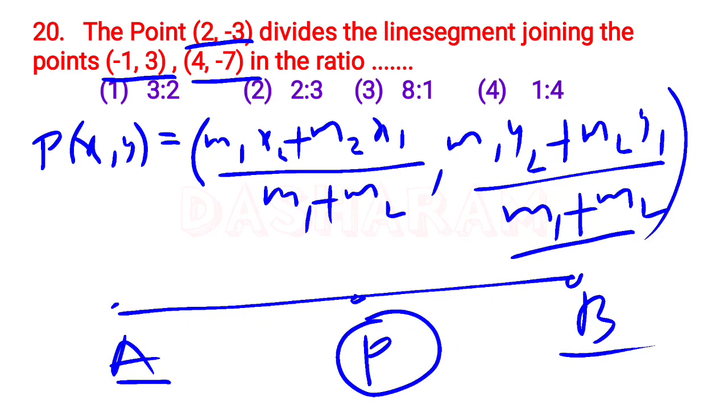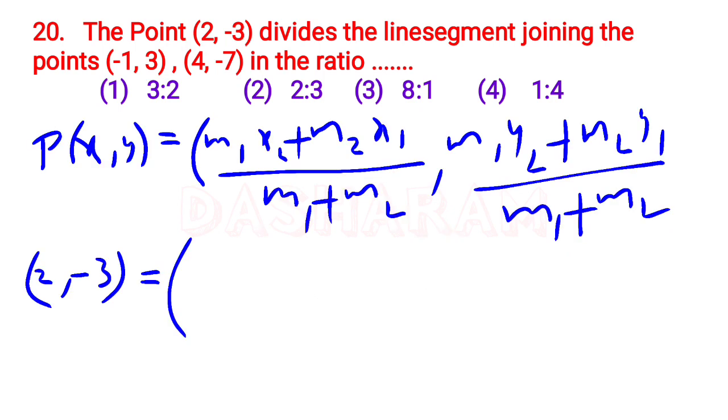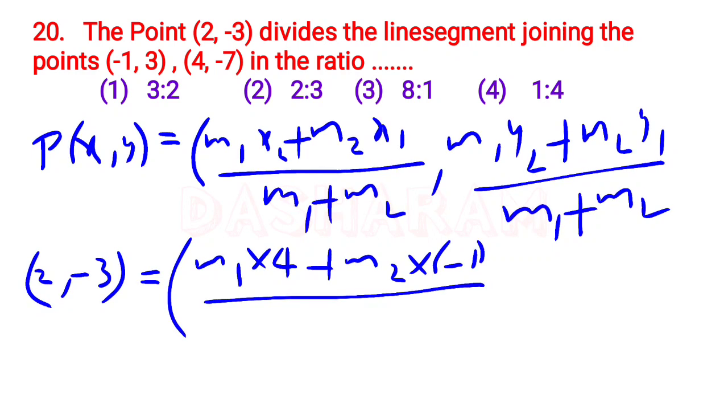Then in which ratio does this point P divide? That is m1 is to m2, so let us find out. 2 comma minus 3 equals to m1 into x2, which is 4, plus m2 into x1, which is minus 1, divided by m1 plus m2.